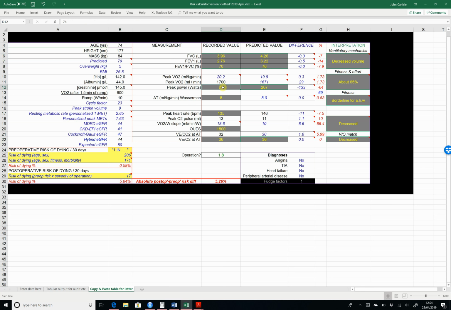You put in whatever the peak power reached, anaerobic threshold, whatever it was you estimated, peak heart rate, oxygen uptake efficiency slope, if that's something that you record, and the ventilatory equivalents for oxygen. The CO2 ones come from the front sheet. And then also we generally put in some comments in this column here. Okay.